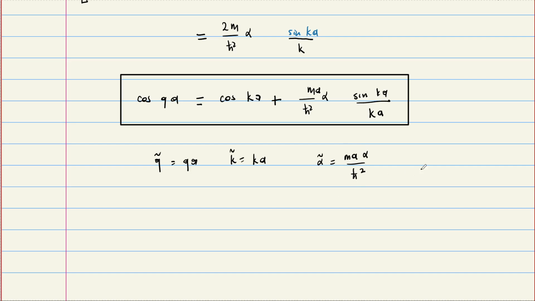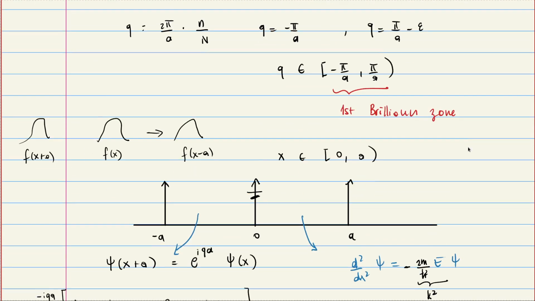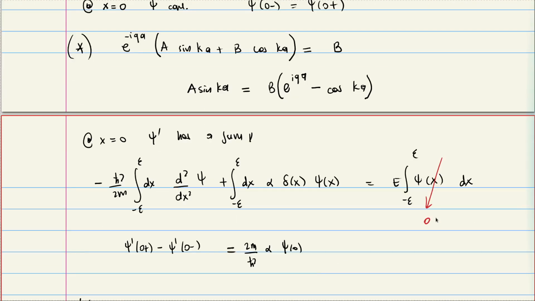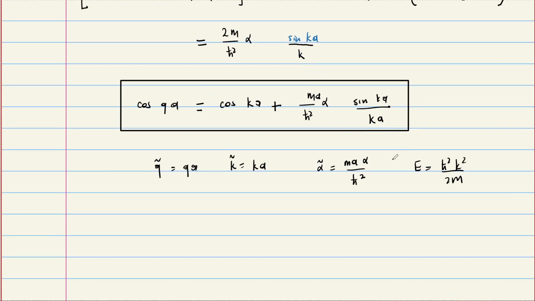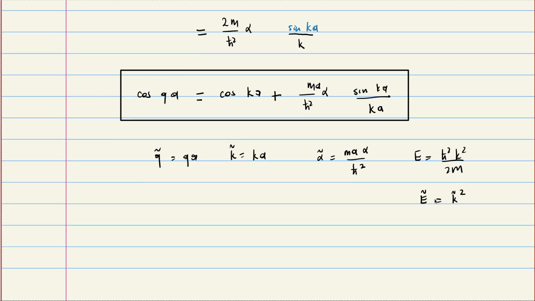And E is equal to h bar squared K squared over 2m, right? We defined it here. This is our E, and I will define E tilde to be K tilde squared, since E is proportional to K squared.